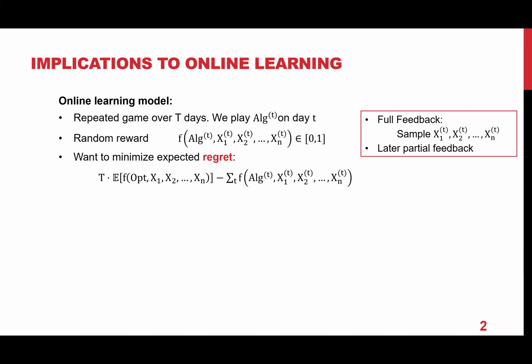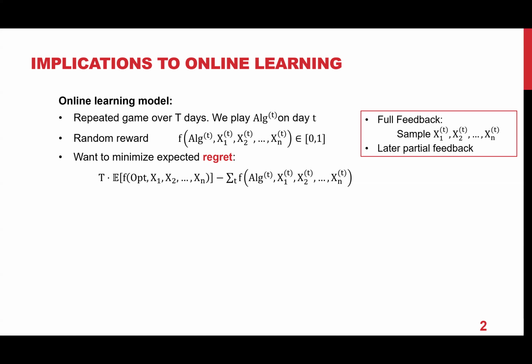One model could be that at the end of the day, you learn what the value of the bunny was. And based on that, you also learn whether the carrot was sold or not. Another world would be that you only learn whether the bunny bought the carrot or not. You never learn their true value. You only learn a partial feedback, which is whether the carrot was sold or not. Good. And this is a general model.